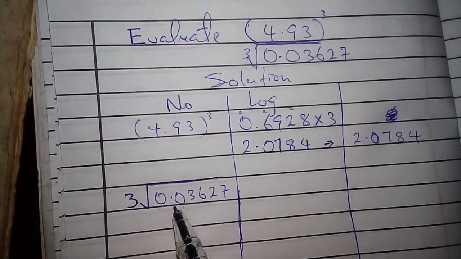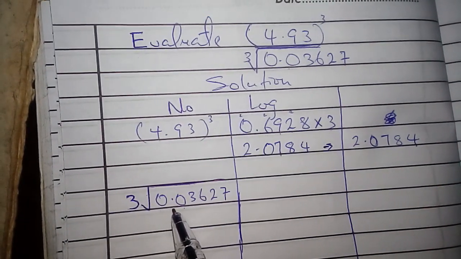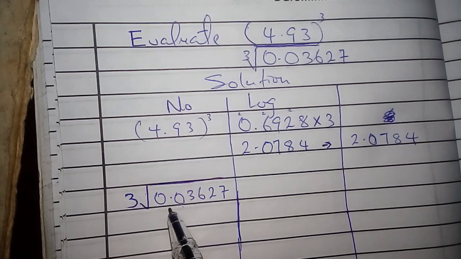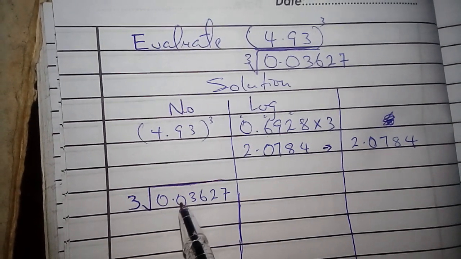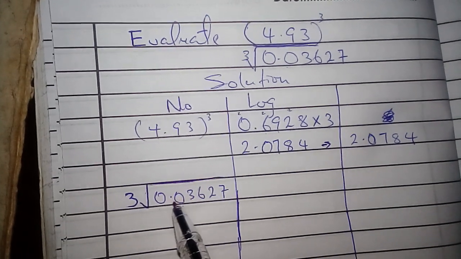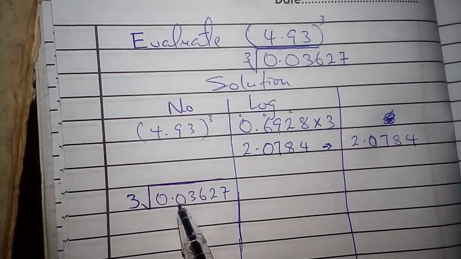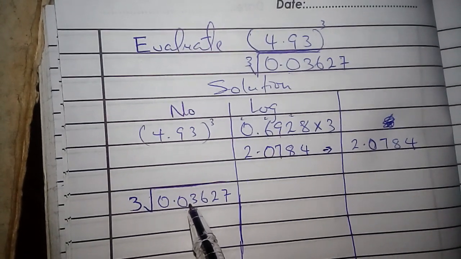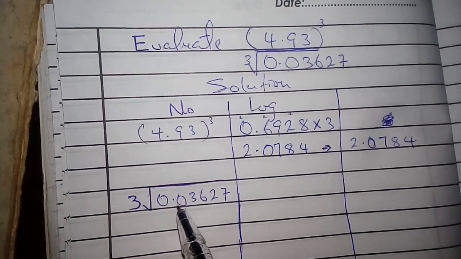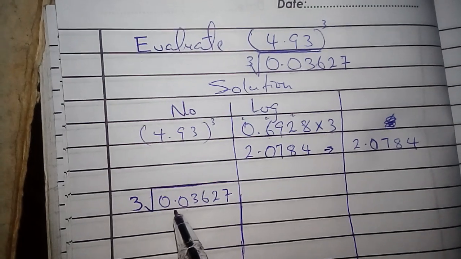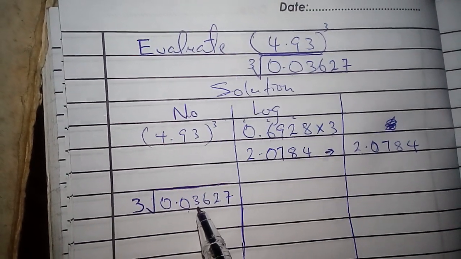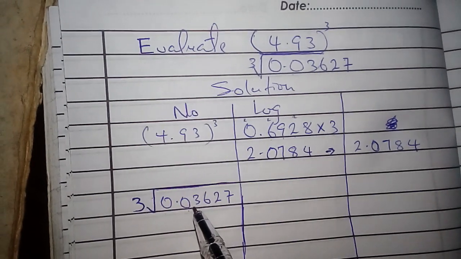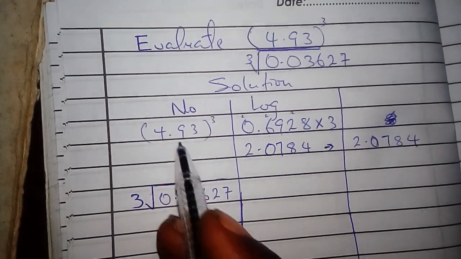In standard form, it is 3.627 times 10 raised to the power of minus 2, because it has 2 zeros. So that minus 2 is the characteristic. If it is 0.00, it will be minus 3. If it is only 0 point, it will be minus 1. So you see that it's different from this one.